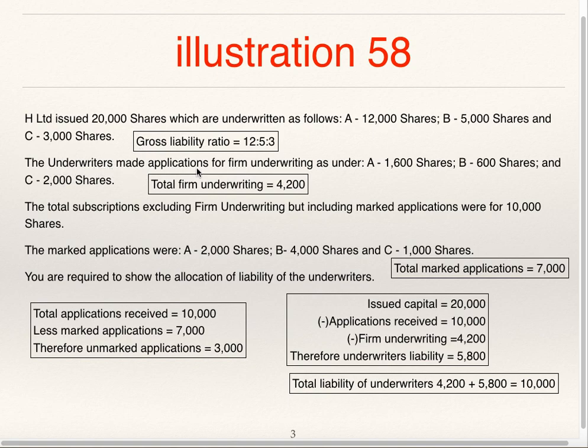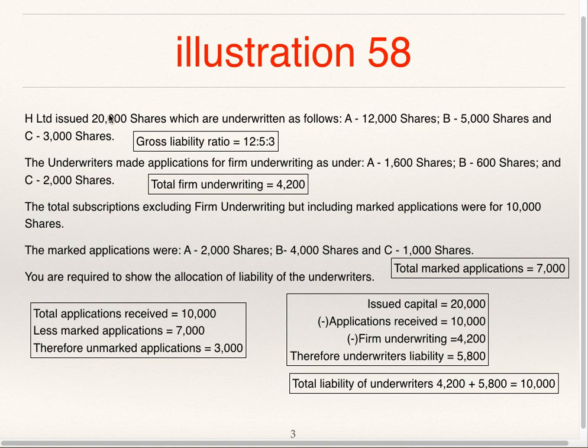The underwriters made application for firm underwriting as under: A 1,600 shares, B 600 shares, and C 2,000 shares. Firm underwriting is the number of shares which the underwriters will purchase definitely, surely, irrespective of the number of shares subscribed by the general public.